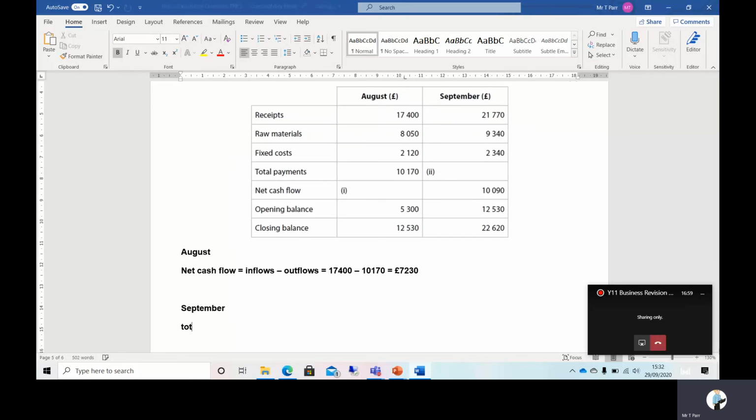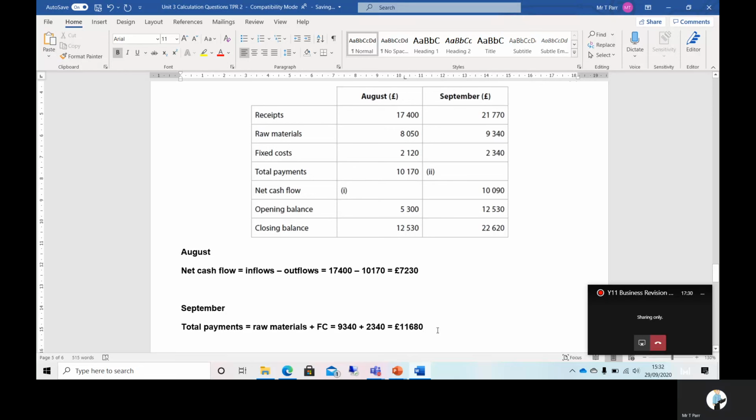So I'm going to say total payments, raw materials plus FC. In which case it's going to be 9,340 plus 2,340, and that ends up with 11,680. Okay, because your total payments are there.